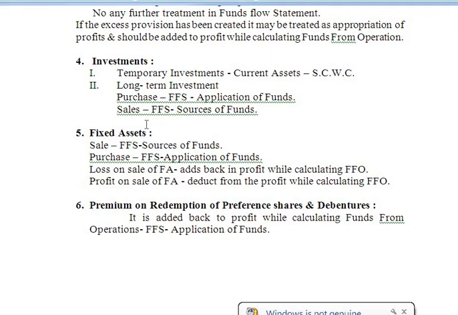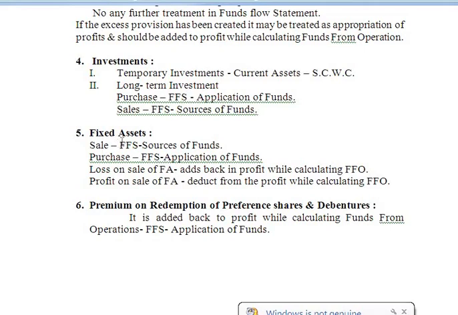If there is a sale of asset, that entry also we have to pass. If there are any other expenses related to the fixed asset, we have to record them in the ledger account, and then find the balance. Then we will identify whether there is a sale of fixed asset or purchase of fixed asset. When we solve the problem, you will understand this point thoroughly.